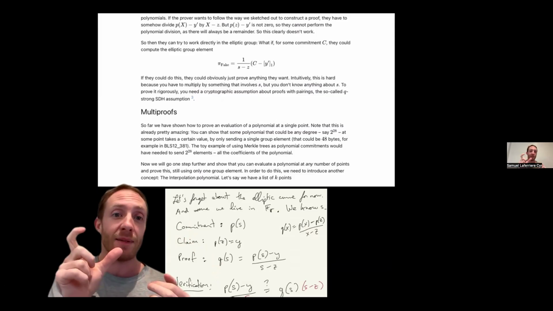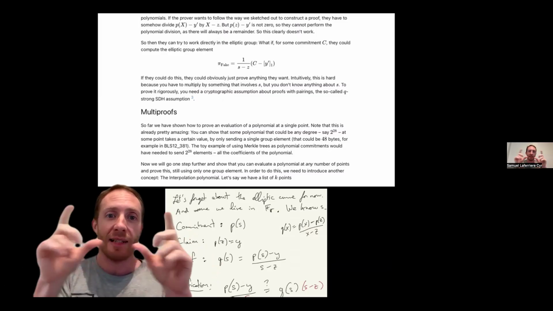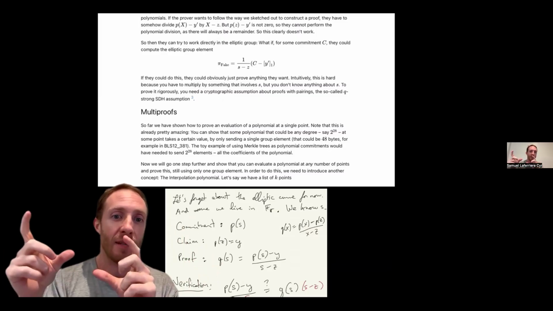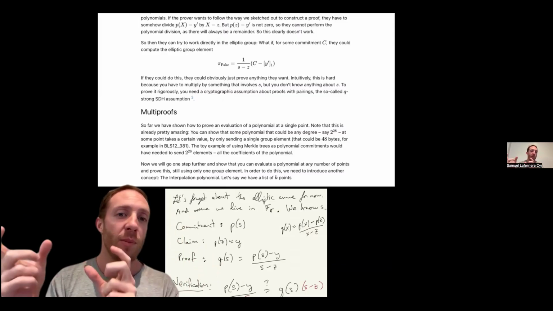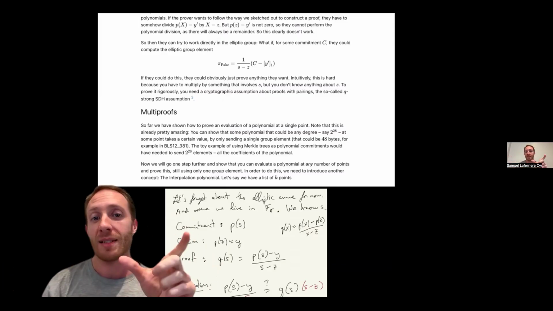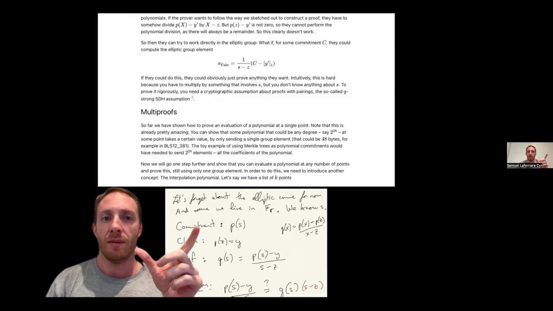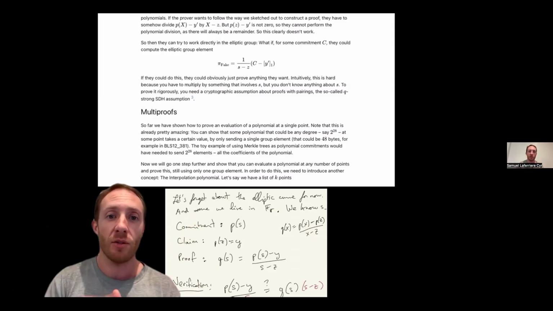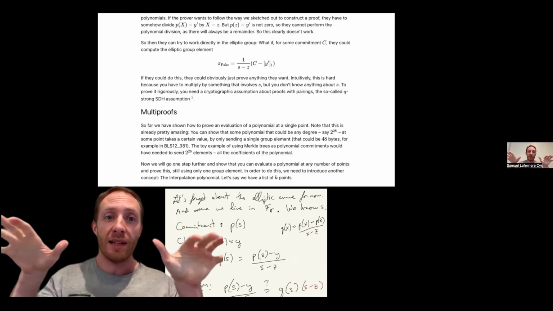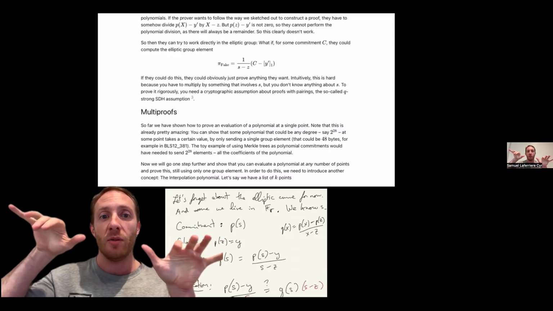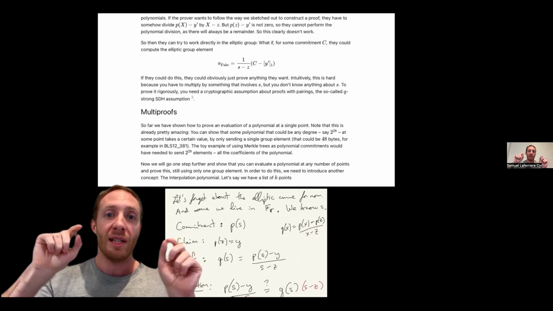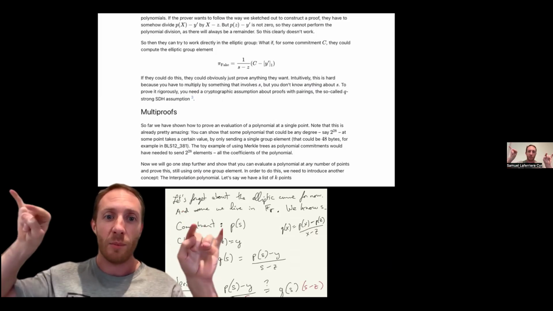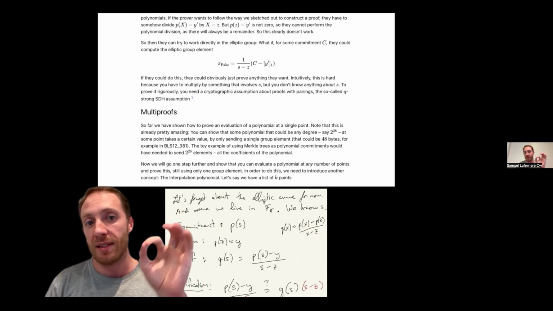The proof is going to be the same, a single element size, still a Q of S for another polynomial. It's also going to be a single G1 point, so 32 bytes for the proof, and verification is also very fast. So I can open as many points as I want on the polynomial, and convince you that the polynomial evaluates to many different points with a single size element proof.